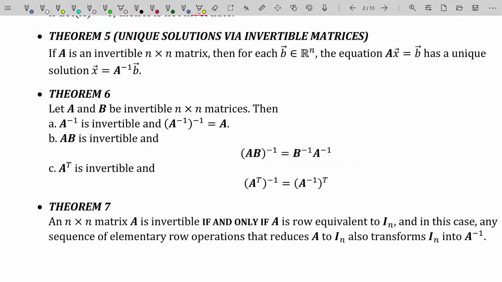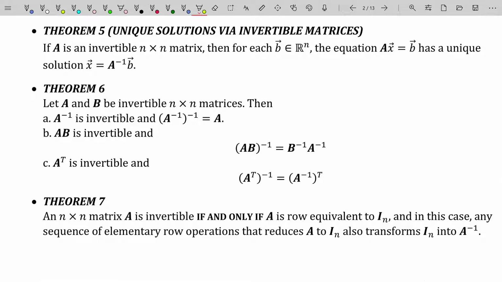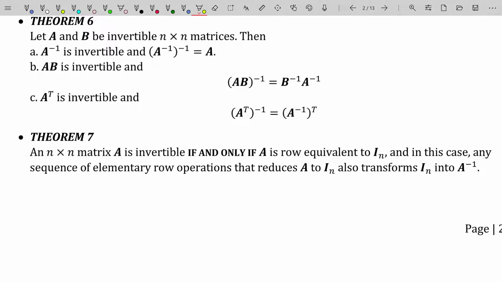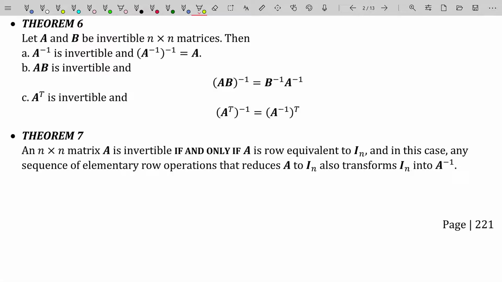And as theorem 6 states here, some of the properties of invertible matrices as far as inverses of inverses and inverses of transposes and inverses of products. And probably one of the most important theorems, although not one we're going to be citing in this video, is theorem 7 there, which is that an n by n matrix A is invertible if and only if it's row equivalent to the identity matrix.